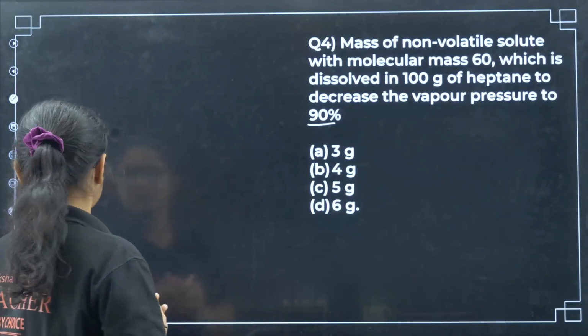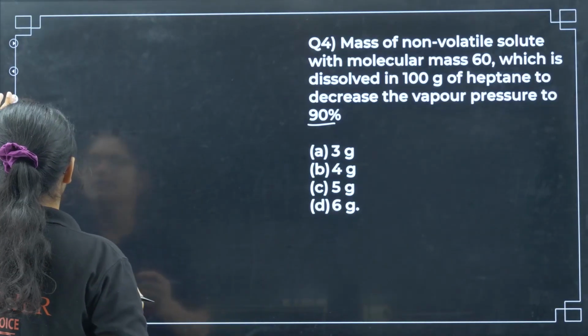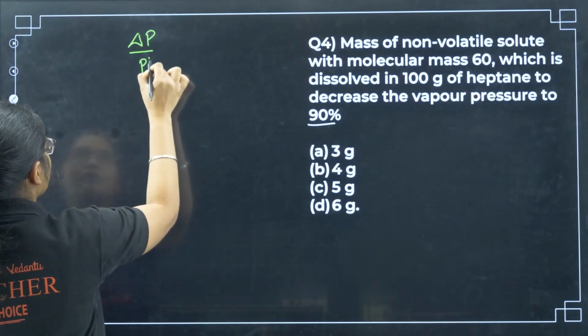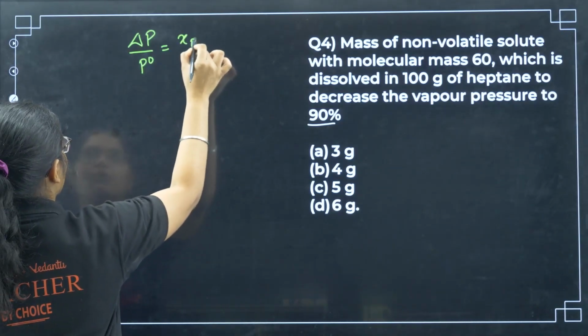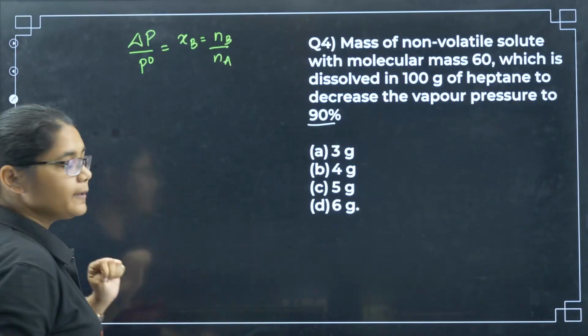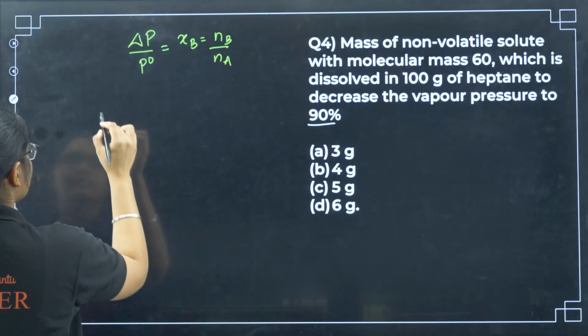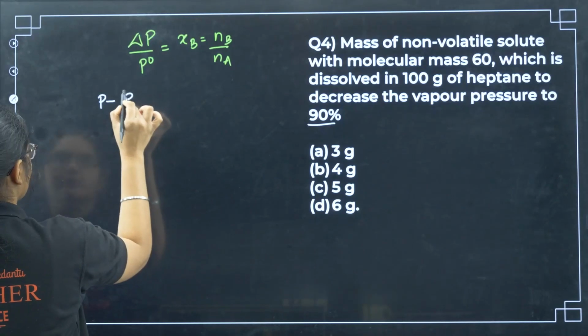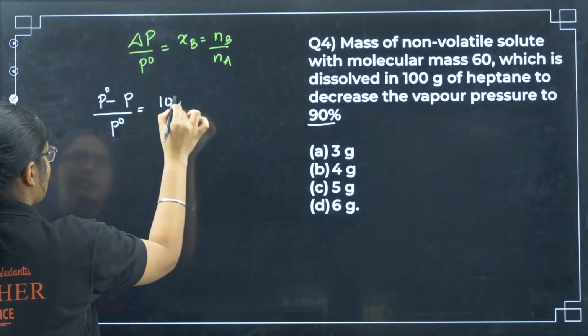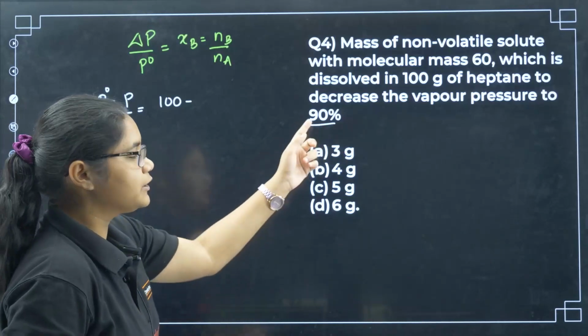Okay, so let us do this question. We have a direct formula. Delta P by P naught is equal to XB, or it can be written as NB by NA. Now what is delta P? It is P naught minus P by P naught. So it is 100, and the final pressure is 90%.